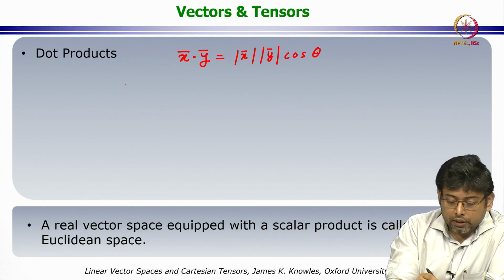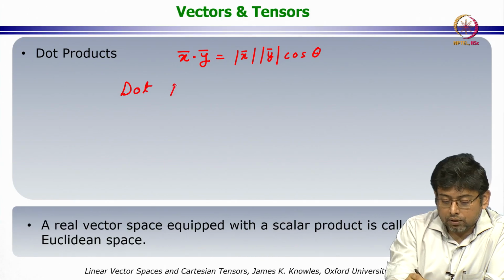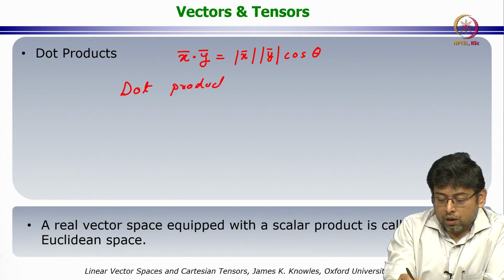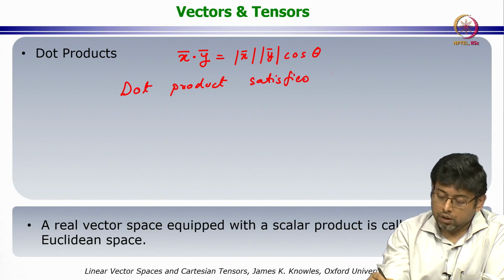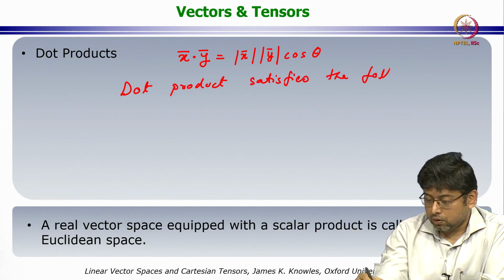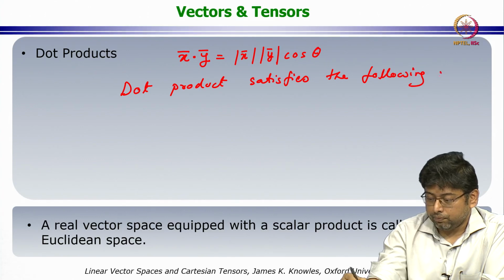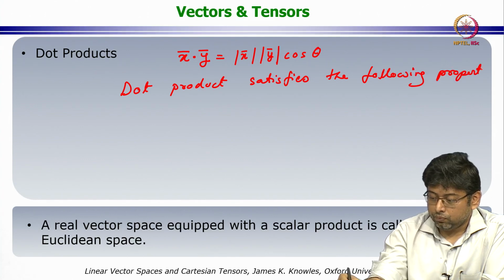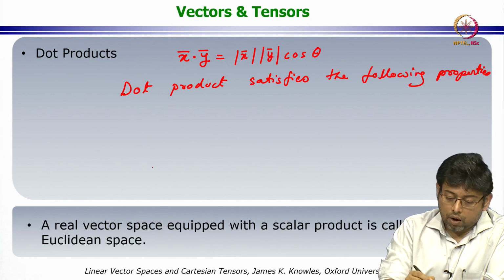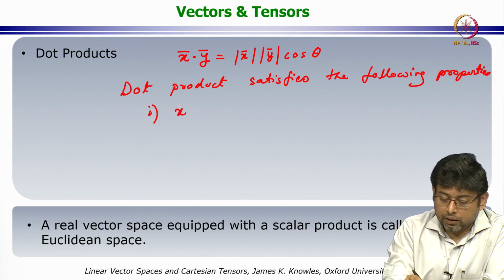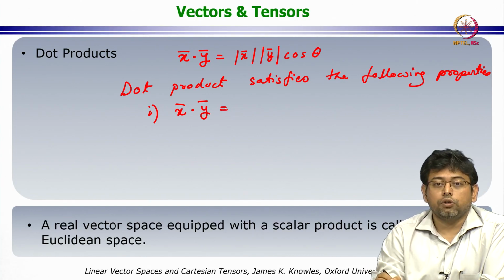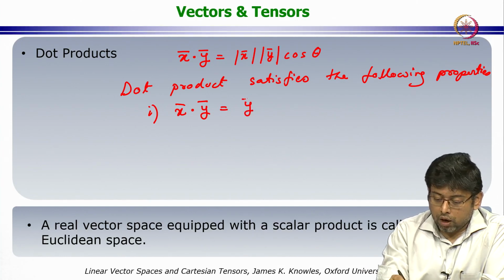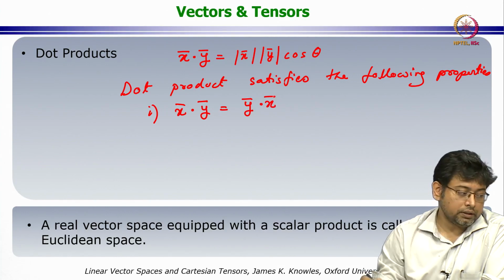Now for the dot product, you can quickly check that it satisfies some very simple properties. What are they? One is that the order of multiplication does not matter. So if you have x dot y, you can also do y dot x, and the two are the same thing.